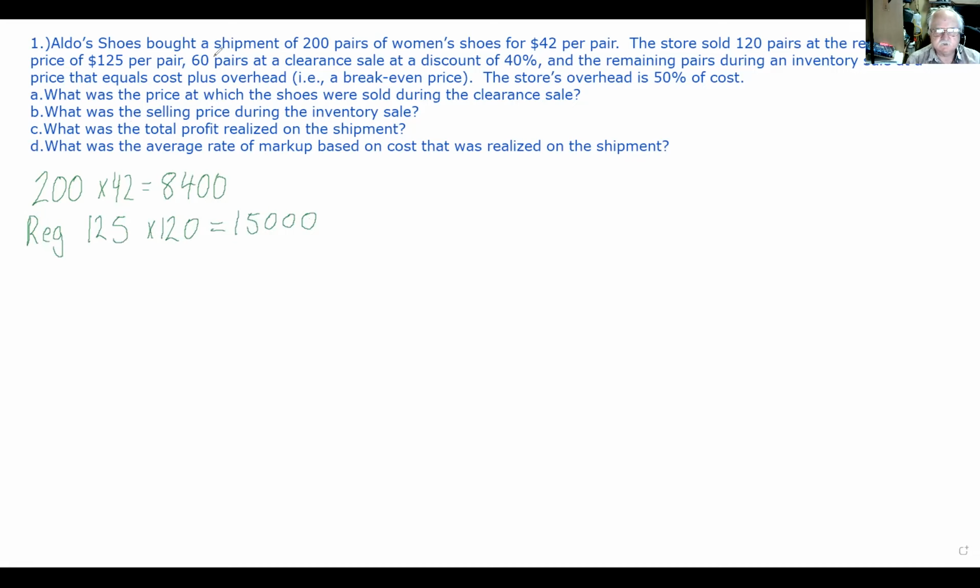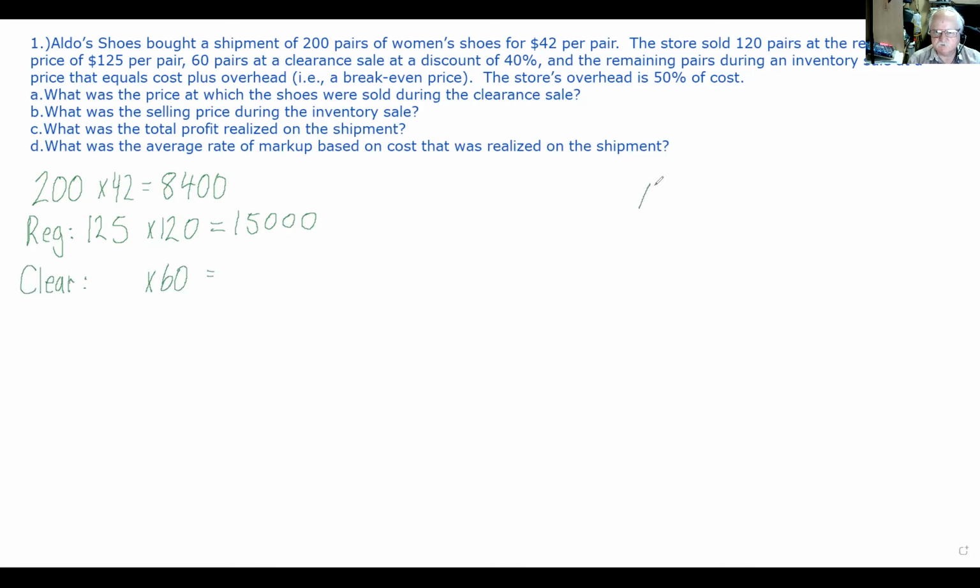And then there's these that were at the clearance sale. And what have they told us here? There were 60 of them at a discount of 40%. So we know there were 60 shoes, but a discount of 40%. So we've got to take the regular selling price.